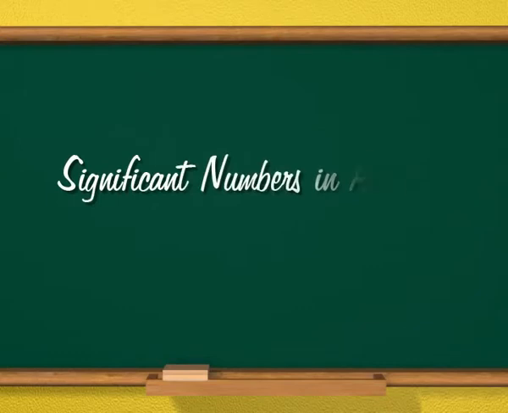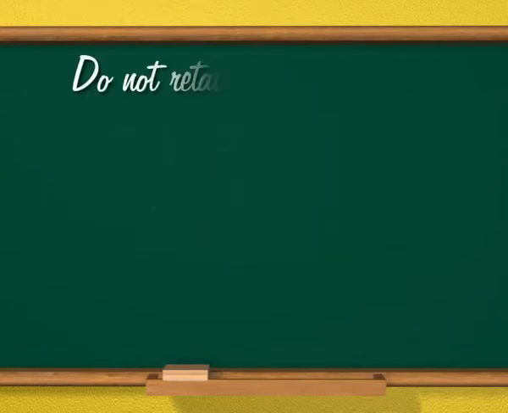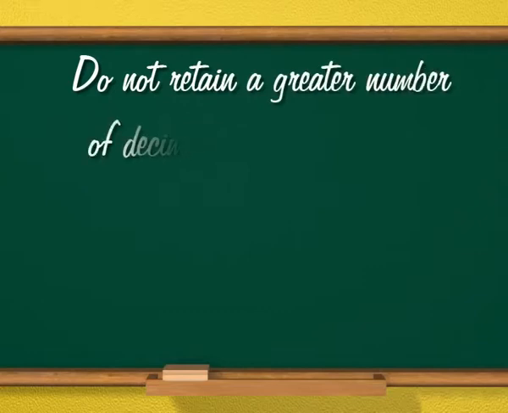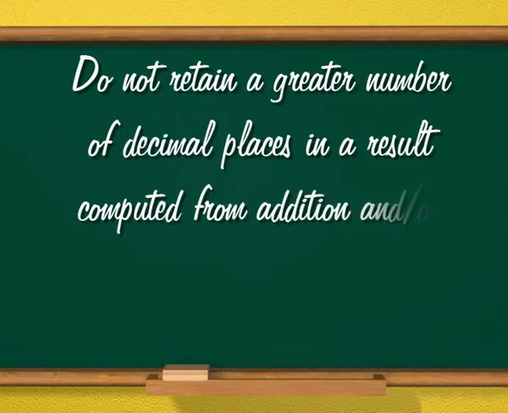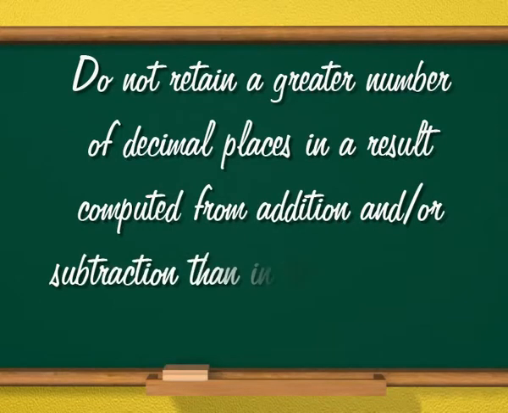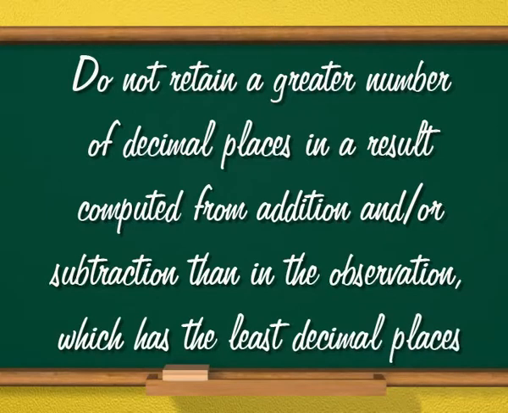In addition and subtraction, the result should not retain a greater number of decimal places than the observation which has the least decimal places.